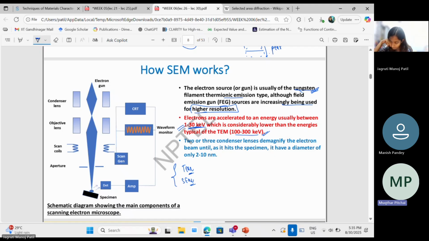That is the main reason, comparing the source and the strength of the primary electrons. This makes sense to justify why we are not able to use biological samples in SEM.